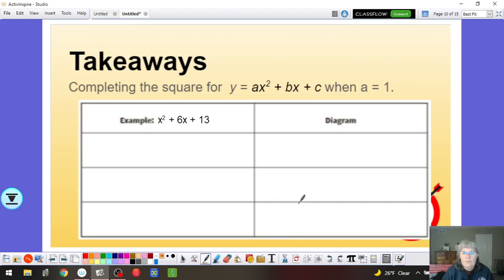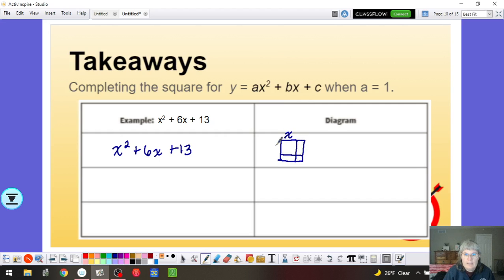So now that we have worked some out, let's take a look at some takeaways. For x squared plus 6x plus 13, I'm just going to start by writing that expression again. And I'm going to draw a picture. I only need one block.